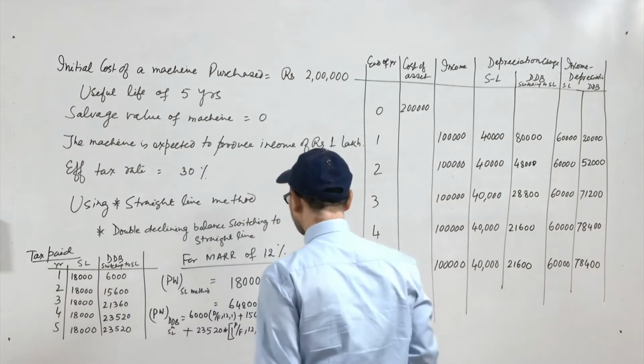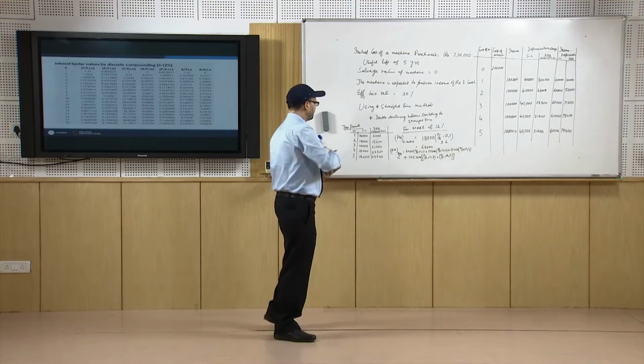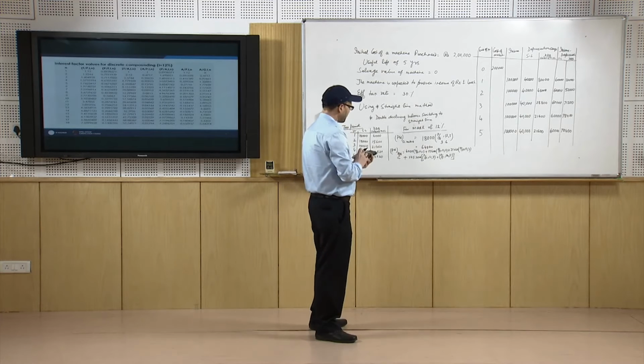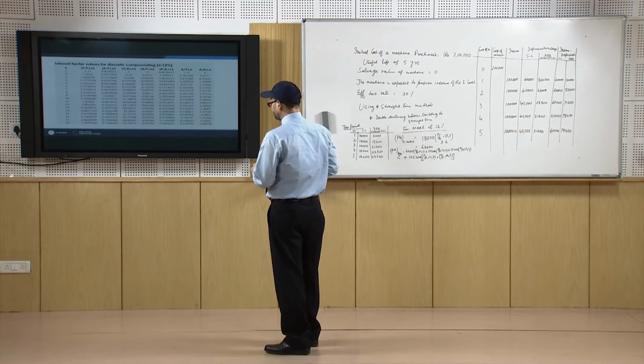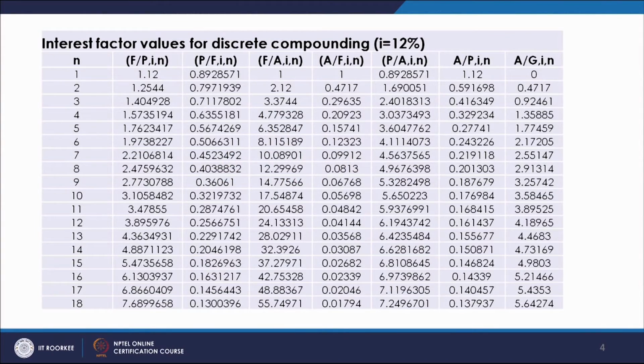Now, we have to compute these values. So, P by F 12.1 is 0.893.